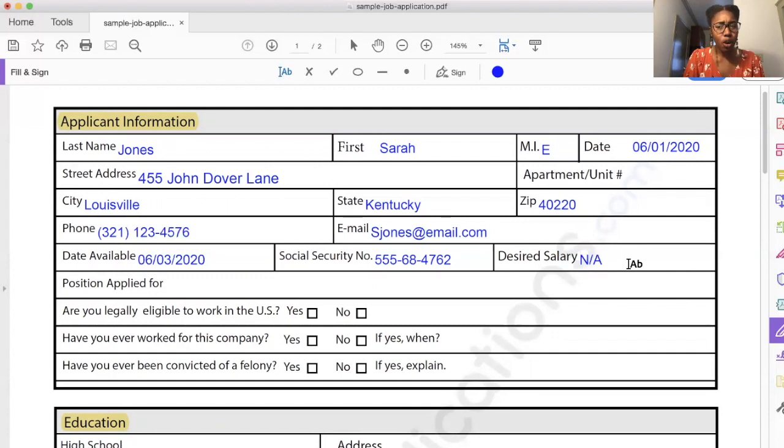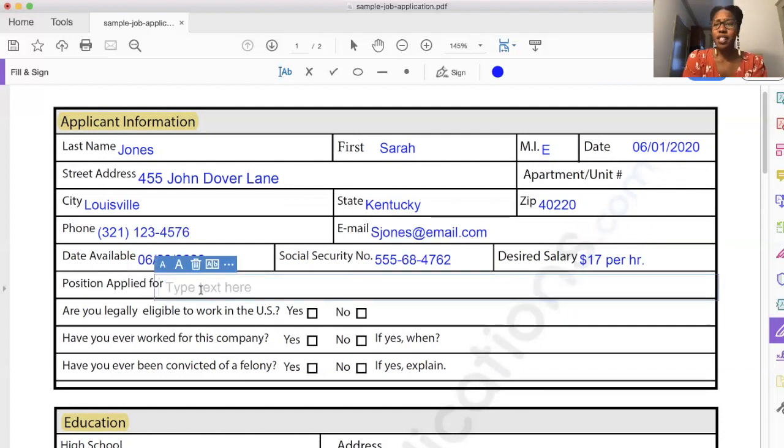If you know, you can put something like $12 per hour or $17 per hour.